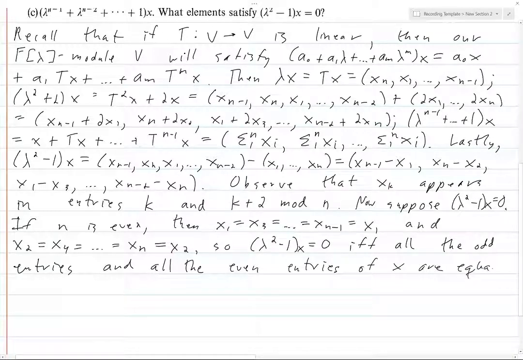I paused a little bit there because it's just a strange thing in English that I'm trying to think of a clear way to write this, because you want to write that all of the odd entries of x are equal to each other, and all of the even entries of x are equal to each other, but the value that all the even ones take need not be the value that all the odd ones take.